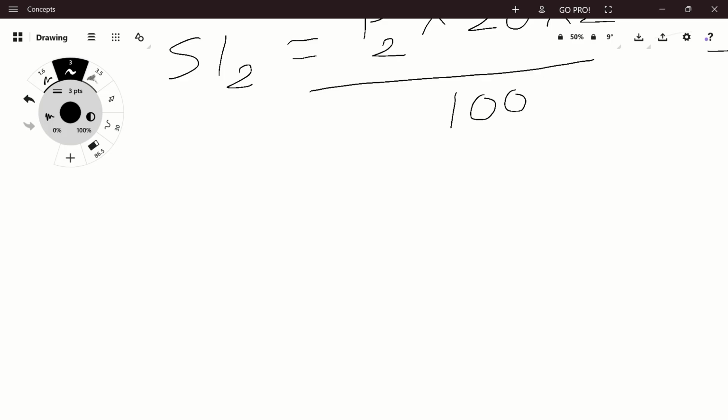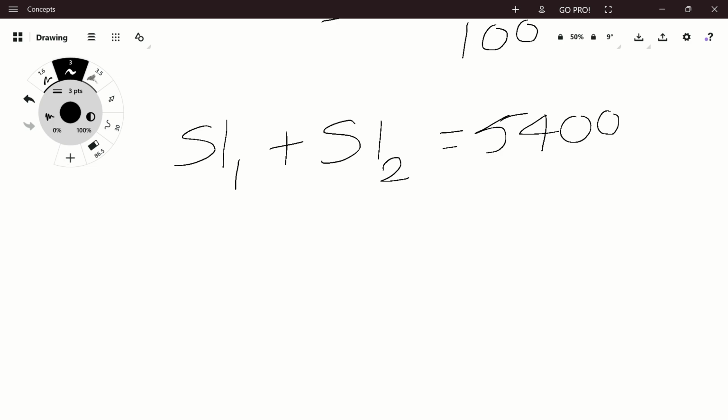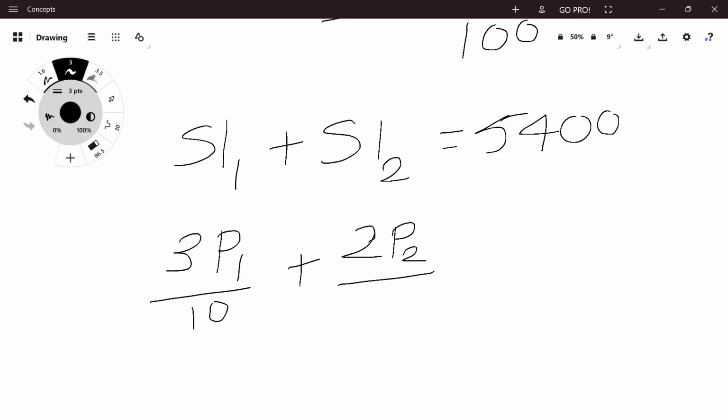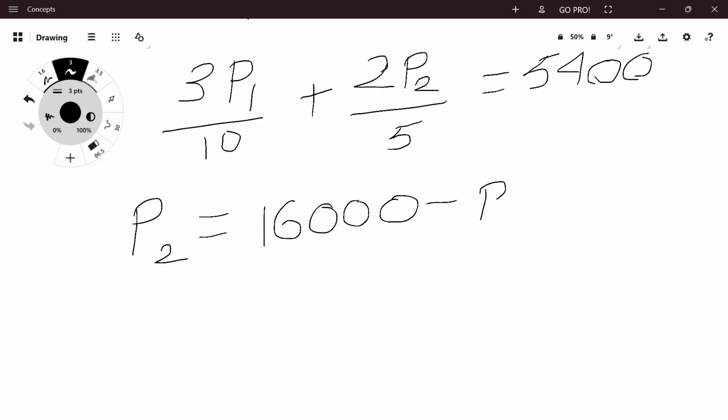That is SI1 plus SI2 is equal to 5,400. Substituting the values, 3P1 upon 10 plus 2P2 upon 5 is equal to 5,400. From earlier, we know that P2 is equal to 16,000 minus P1.